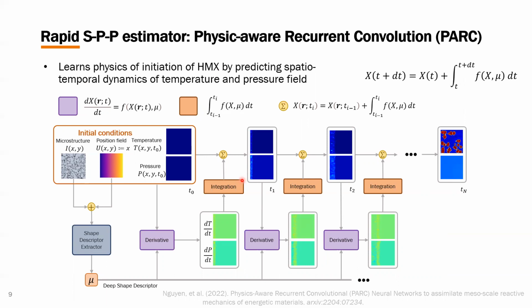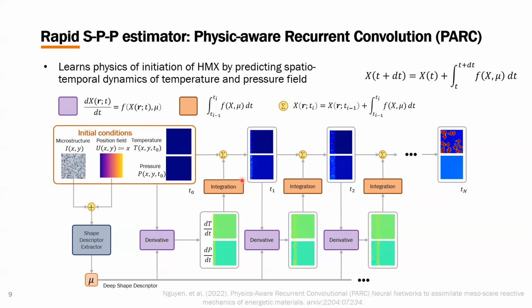As a result, instead of predicting the property and performance directly given an input, PARC predicts the evolution of the temperature and pressure to better understand what's going on in the black box model. Thus, the property and performance are calculated from those estimated states.